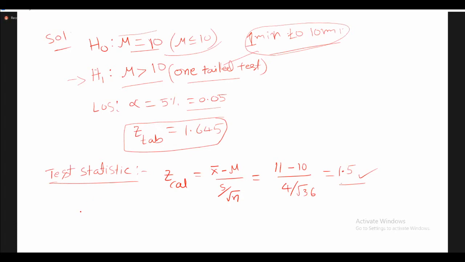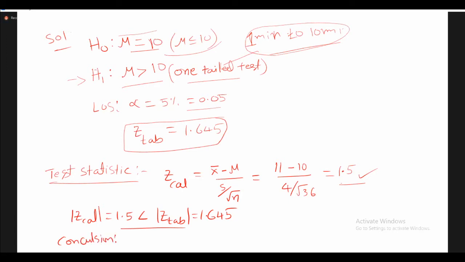Now after that, we have to compare with the Z tabular value. Mod Z calculated, that is 1.5, is less than mod Z tabular value, that is 1.645. If this condition is satisfied, what is the conclusion?